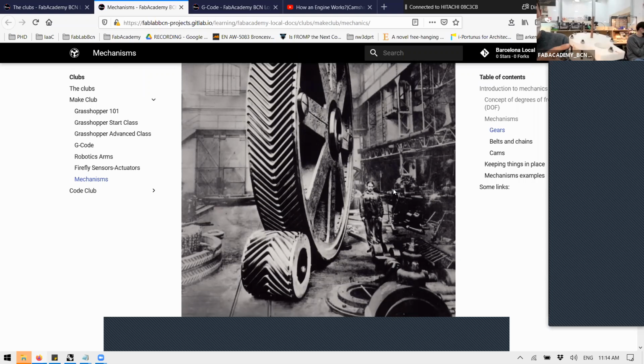Why do you do this? Because this one has a certain amount of rotational force, or we call it torque, that is not going to be able to move what we have in here, this piston that normally has compressed air, or compressed air and a mix of clay and these type of things.